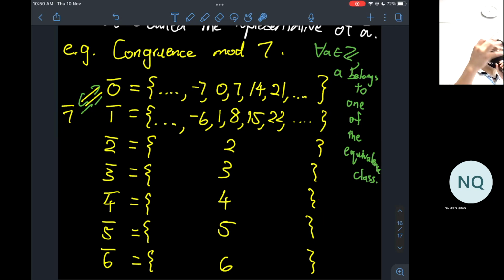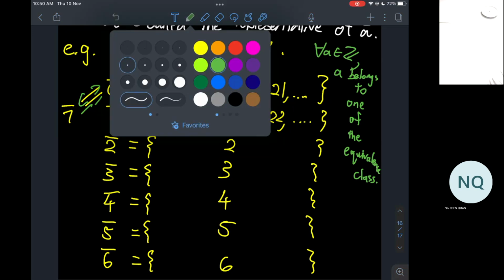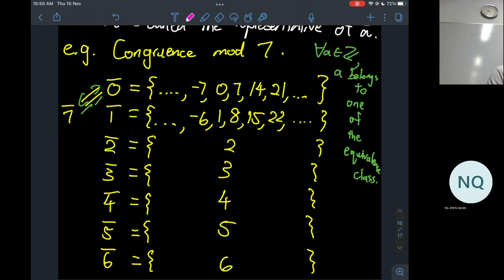If you take any number in Z and divide by 7, the remainder is always less than 7. This is the division algorithm. In fact, it is stronger: it belongs to one and only one. So there is a unique equivalence class it belongs to. Every integer belongs to one unique equivalence class.